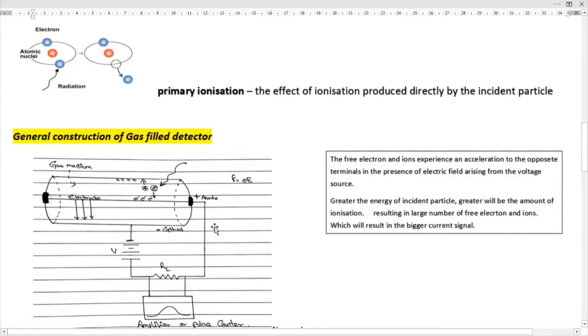And when the electron completes the circuit, a potential drop across RL is measured in the detector as proof of the existence of an incident particle or nuclear radiation.